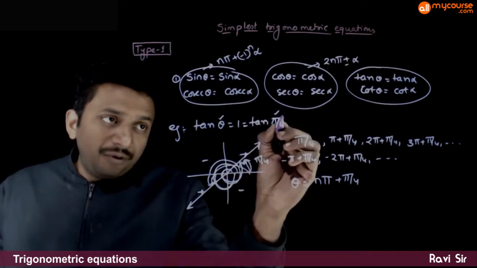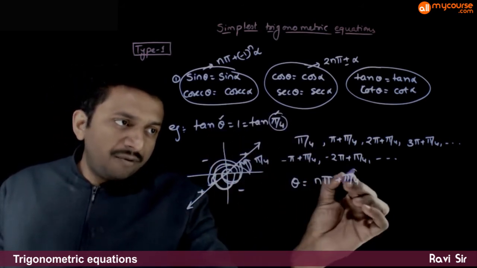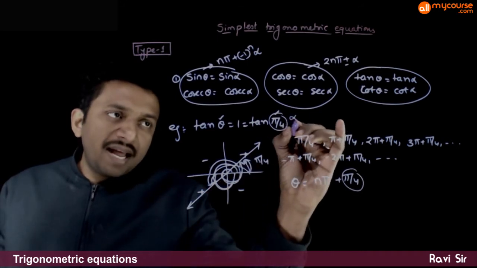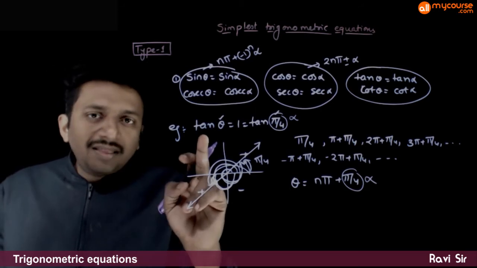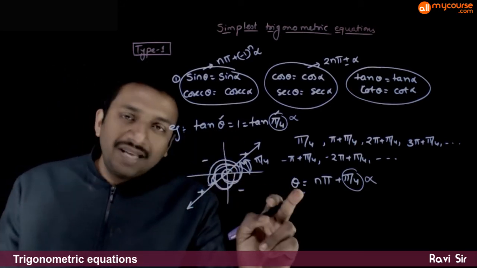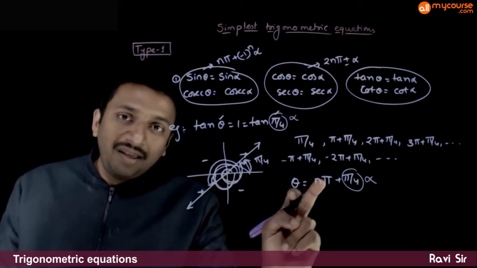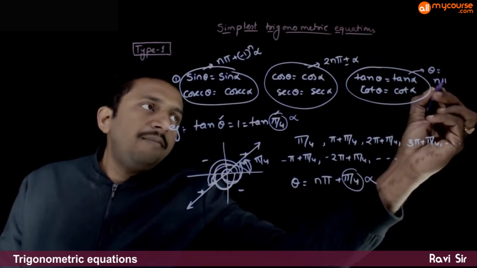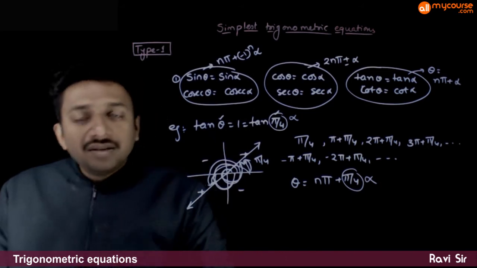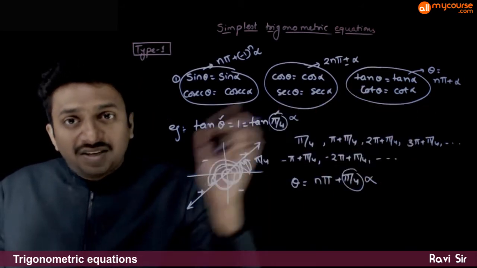If you have pi by 4 here, pi by 4 appears here. So if you have another angle alpha here, that angle appears here. So tan theta is equal to tan alpha implies theta is equal to n pi plus alpha. So theta is equal to n pi plus alpha is the solution to equations of this type.